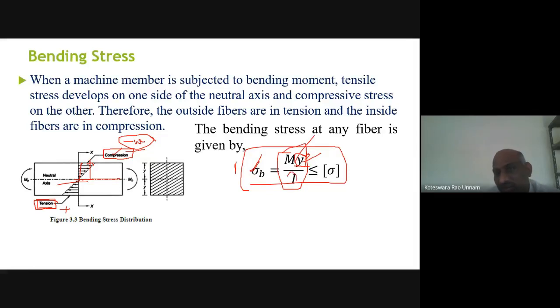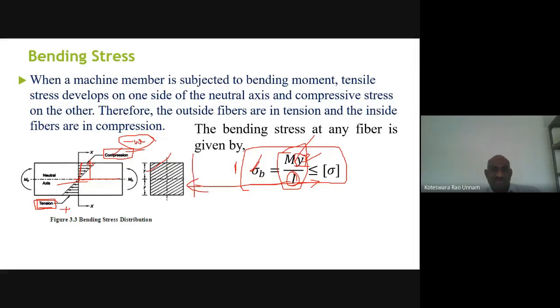Then I is the moment of inertia. If you know the bending moment, the moment of inertia will depend upon the cross section. If you have a rectangular cross section, you have one formula for the area moment of inertia. We call it moment of inertia, or area moment of inertia, or second moment of inertia, whatever you call it. You have different formulas for different cross sections.